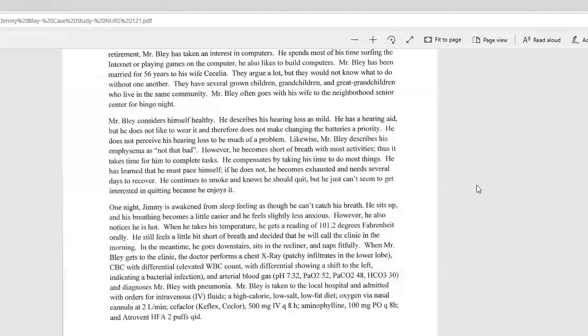I want you to review your assigned reading, and I want you to make sure that you pay attention to the table on page 6. That maybe helps you to understand these particular situations when we see these blood gas results come back.